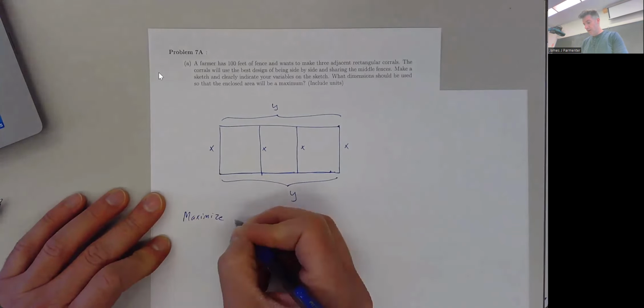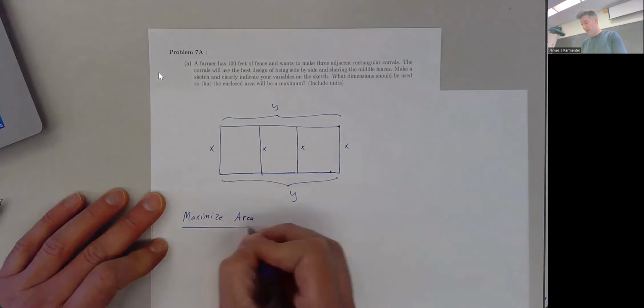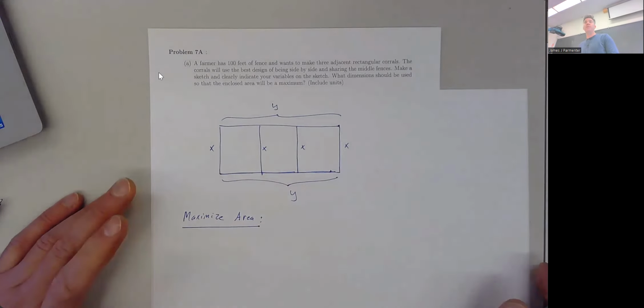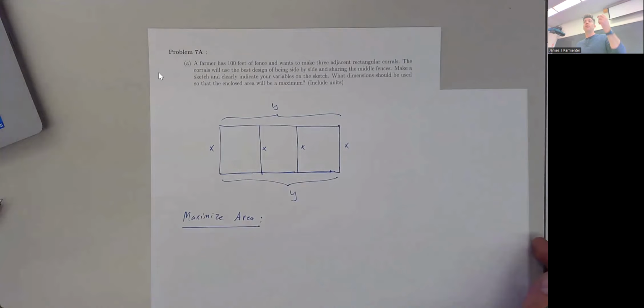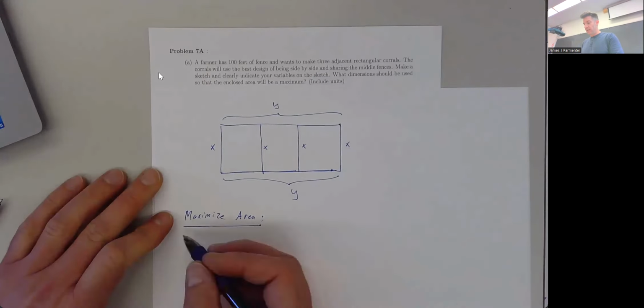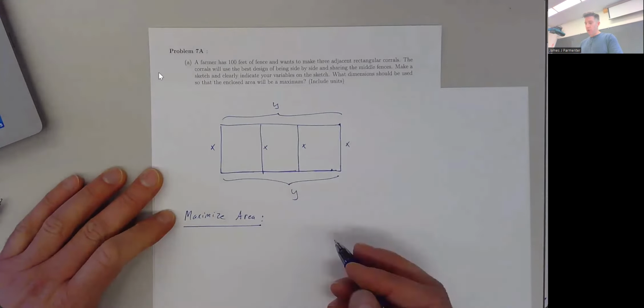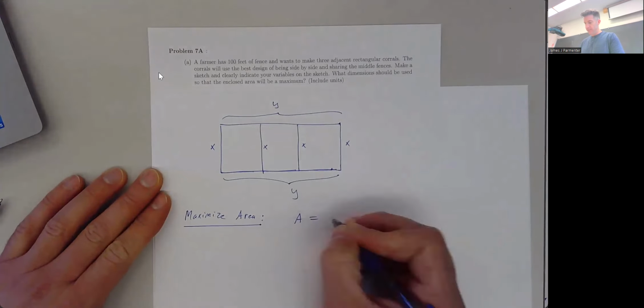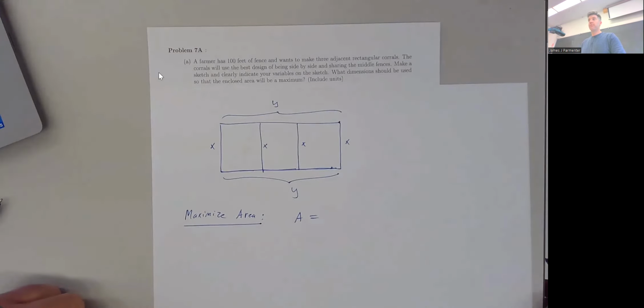These optimization questions are as much a reading question as they are a math question. You have to be able to read the question critically quickly. So we're going to maximize the area. Okay, based on my picture, what's my formula for area? Area of a rectangle is what times what? X times Y, base times height, length times width, whatever you want to call it.